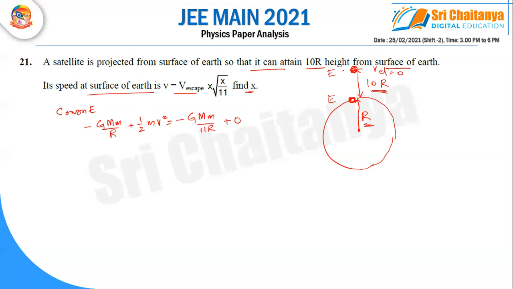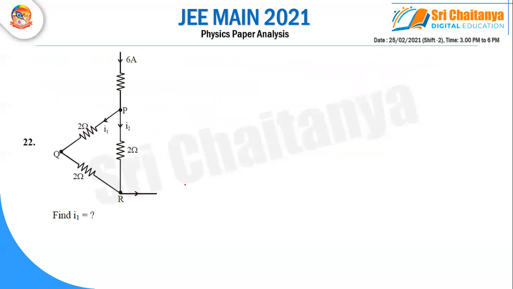Okay, now when we properly do this calculation, I'll be getting v is equal to v escape root 10 by 11. So we are interested in this particular value, this 10. So x is equal to 10 here. We'll move on to the next question.